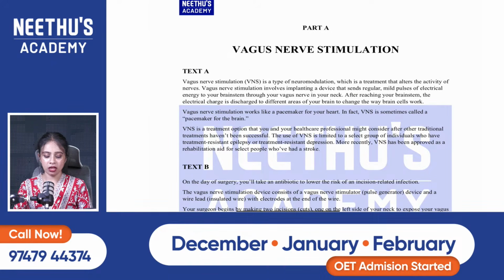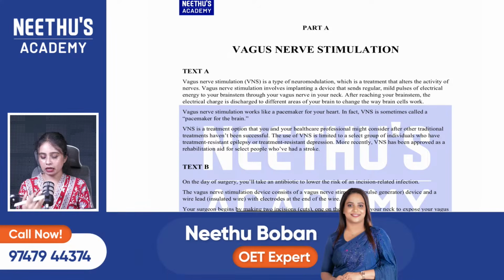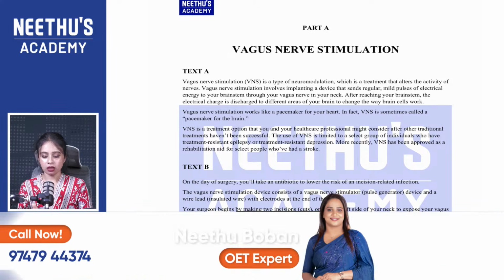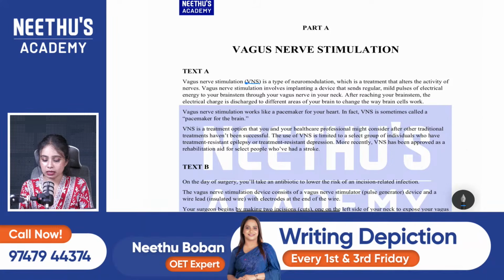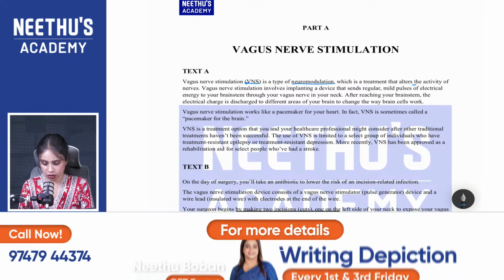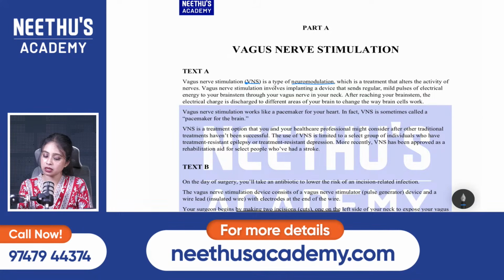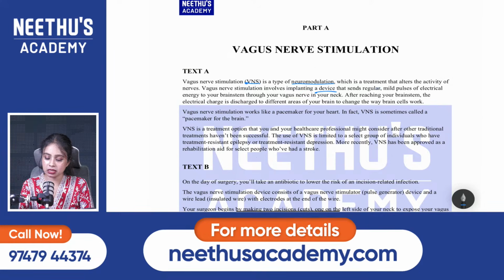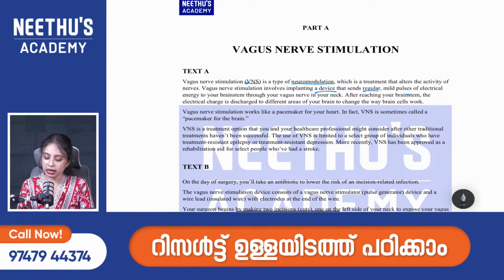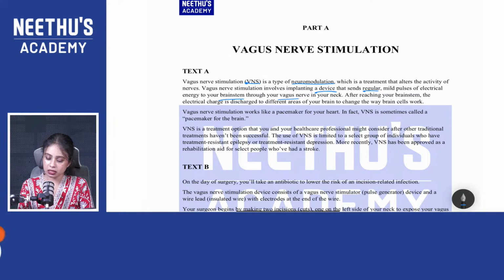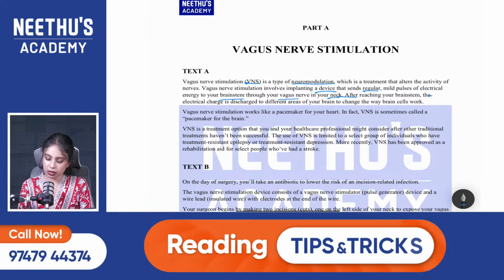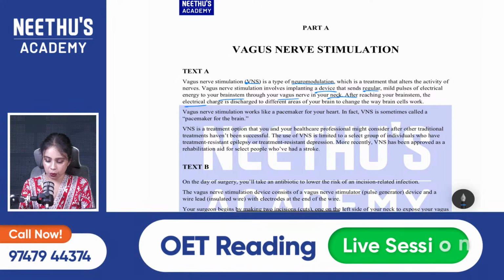Good evening, Anu. Anyway, I'll skim and scan, then we will decide what is the right answer. Vagus nerve stimulation, VNS, is a type of neuromodulation, which is a treatment that alters the activity of nerves. Vagus nerve stimulation involves implanting a device that sends regular, mild pulses of electrical energy to your brainstem through your vagus nerve in your neck. After reaching your brainstem, the electrical charge is discharged to different areas of your brain to change the way brain cells work.